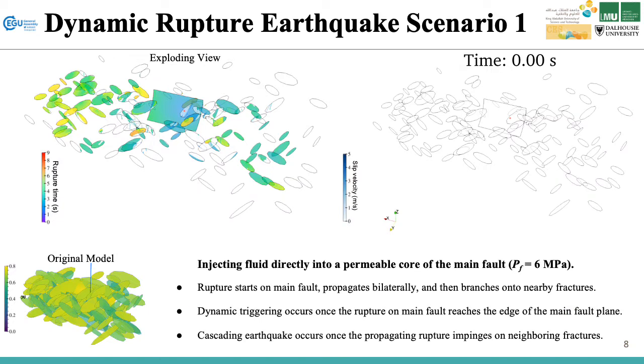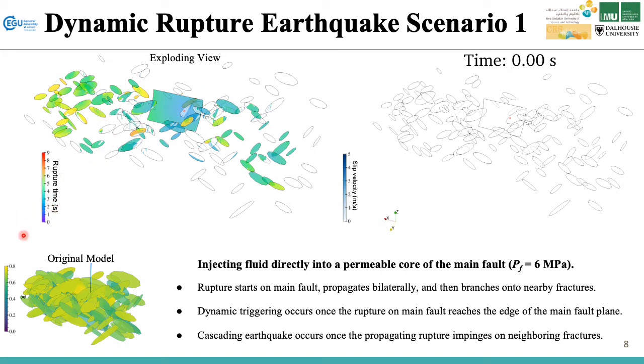Result of dynamic rupture scenario number 1. Let me remind you again: scenario number 1 is injecting fluid into the permeable fault core on the manifold. Here we use a stress perturbation of 6 megapascals. Remember that the original fracture network is represented by this bottom left figure. The figure on the upper left shows the exploding view of the rupture time.